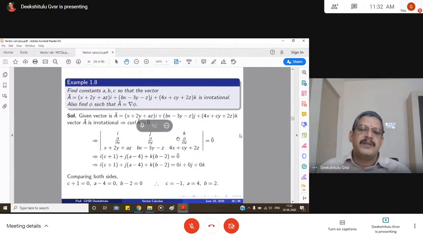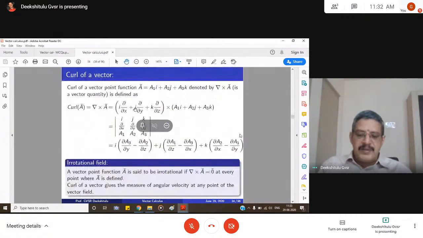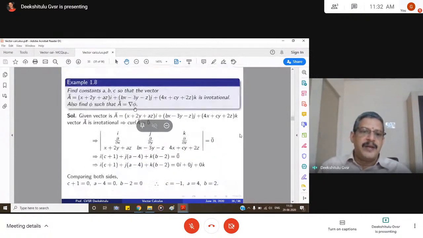One more important theory we have here is, whenever a vector field is irrotational, we can always find a scalar potential phi such that A bar is equal to grad phi. This is a standard result. It is a very important point here.